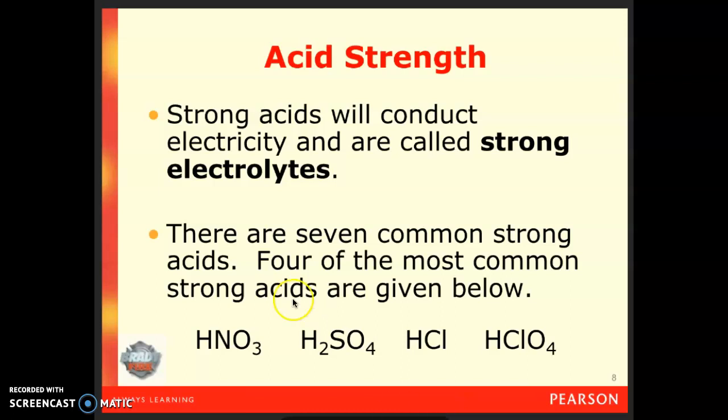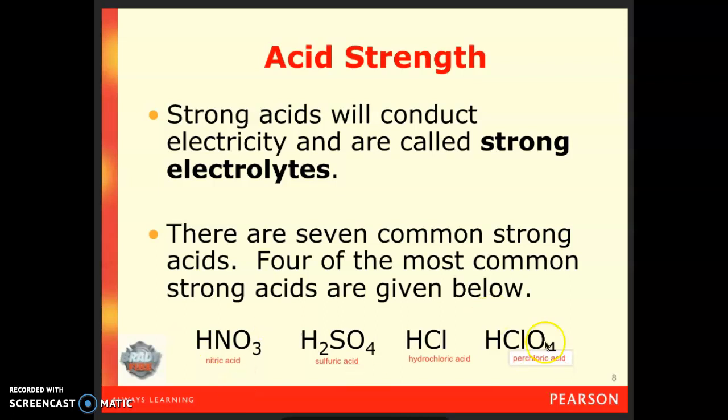And so there are 7 common strong acids. The ones that we're most familiar with are these ones: nitric acid, sulfuric acid, hydrochloric acid, and this one here is less common in household use, perchloric acid, but it's very, very common in certain kinds of industries, especially industries involving explosives, oxidizers, fireworks, those kinds of things.